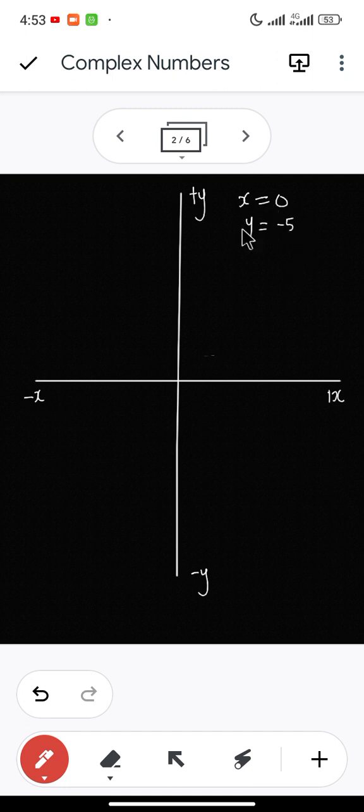Your x is going to be 0, meaning that it's going to be at this point. This is one of those special cases. Your y is going to be negative, so it's going to rest along one of these points. So your r is going to be drawn from this origin down to this point.